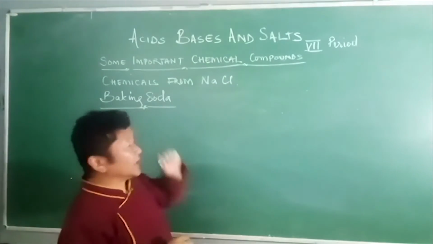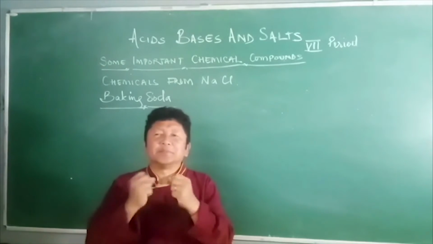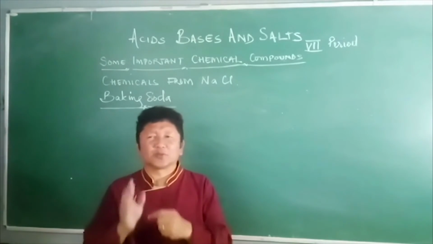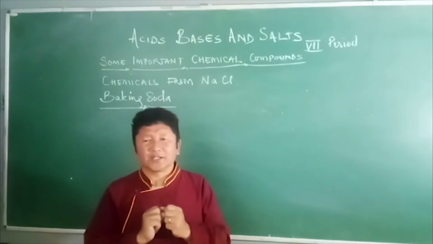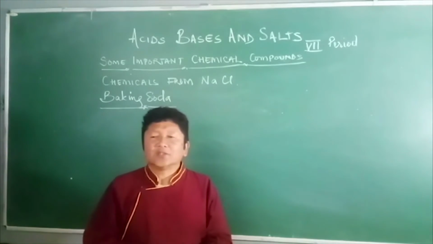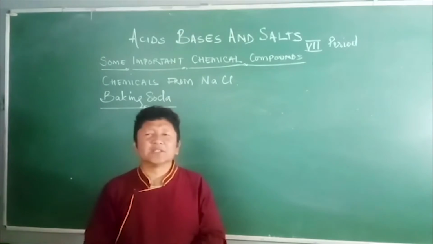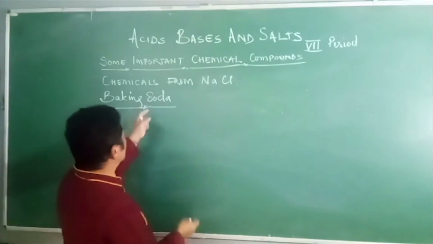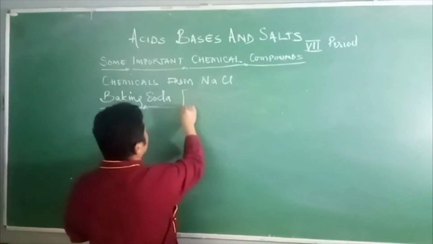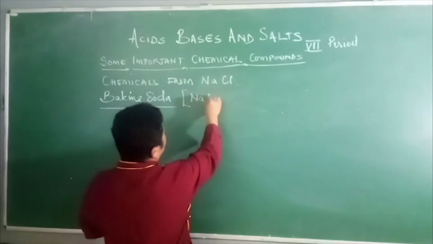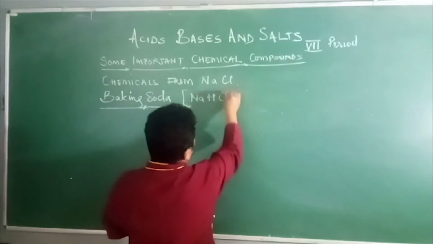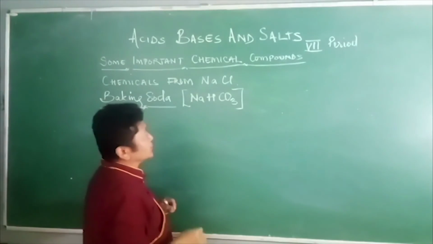The baking soda is prepared in the chloroalkali process, okay. Now this chemical, baking soda, its chemical name is sodium hydrogen carbonate.